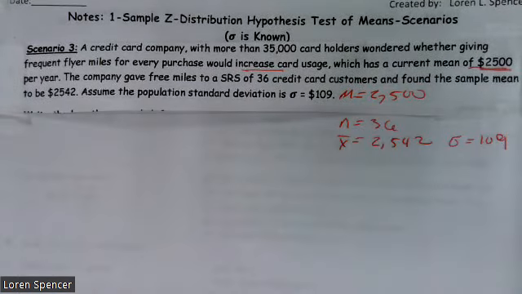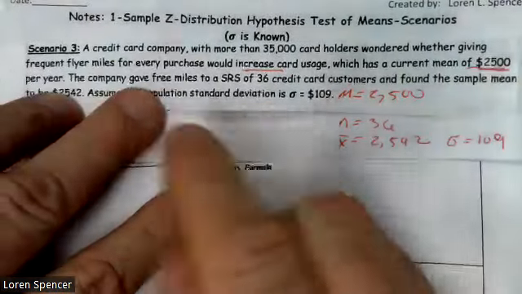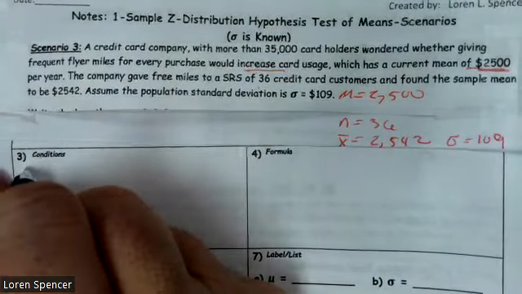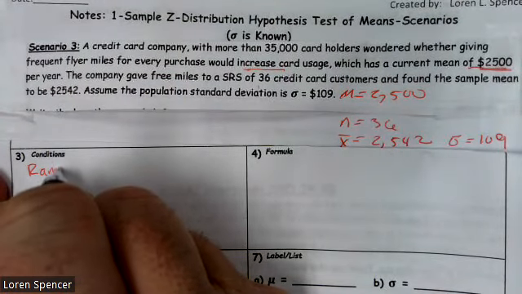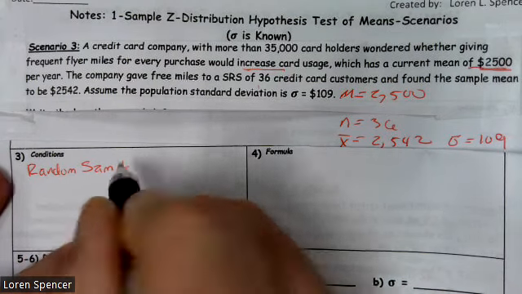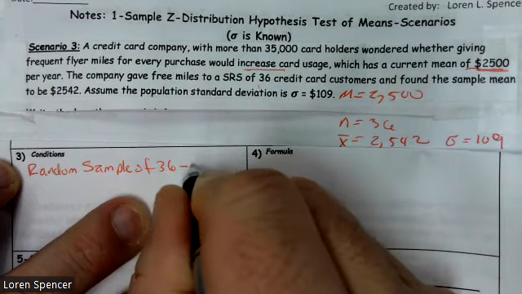The next thing we need to do is our conditions. The very first condition is random sample. Did they run a random sample? It says a simple random sample of 36, and that was given to us.